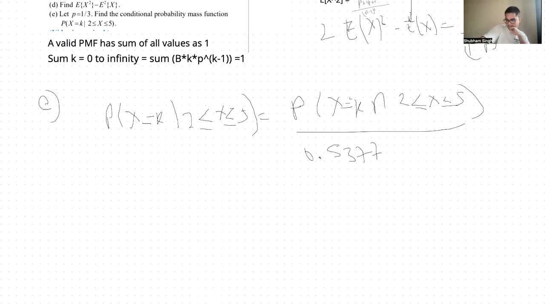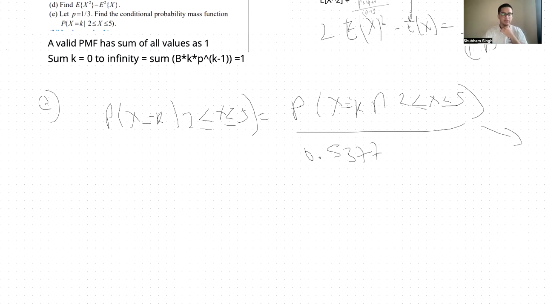And we also know that x equal to k. So what does this mean? This means that p of x equal to k will be valid only for k values equal to 2, 3, 4, and 5. Only these values will be valid, and for all other values, this function becomes invalid.